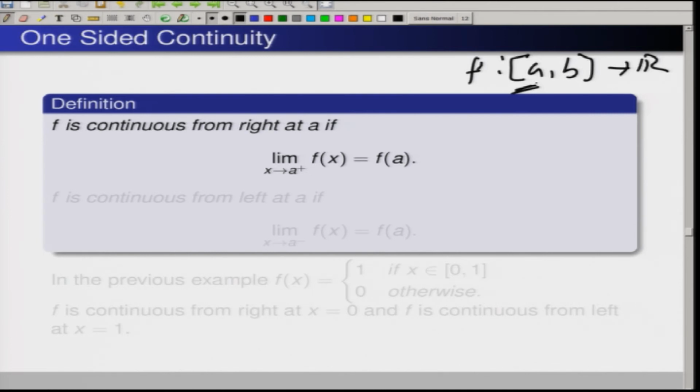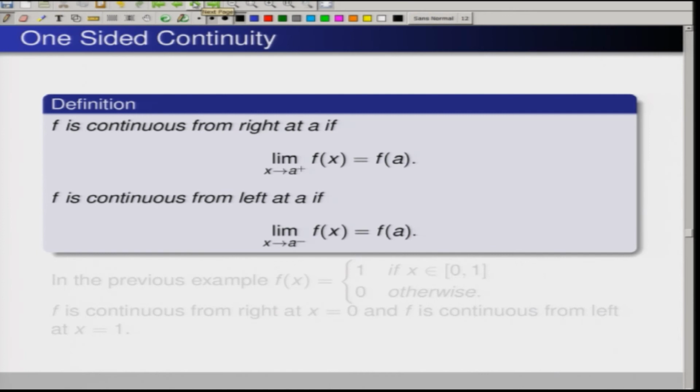In order to do that, f must be defined on a minus delta to a plus delta, but it is not defined here, it is defined from a to a plus delta. So, like the right hand limit and the left hand limit, we can talk of one sided limits. So, what happens to the continuity? This is one sided continuity.